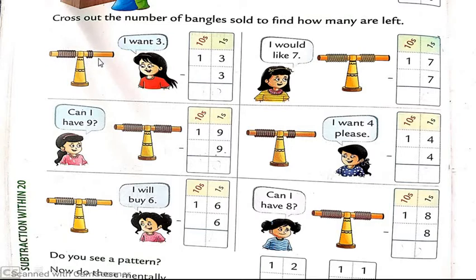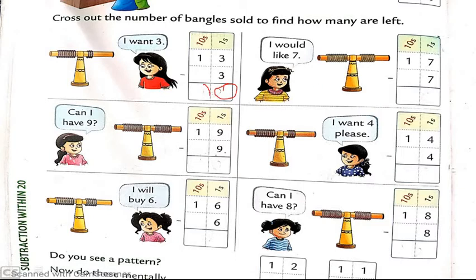If we cut these 3 from these 13, how many are remaining? Let's see what happens. Okay. First of all, start with the ones column. 3 minus 3, we get 0. 1 minus 0, we get the same number, which is 1.